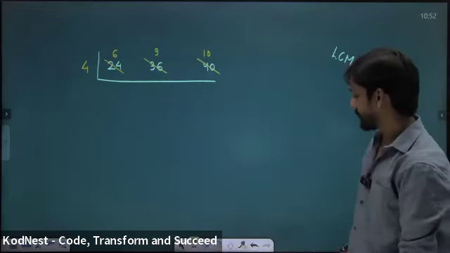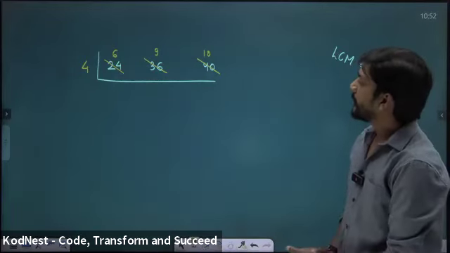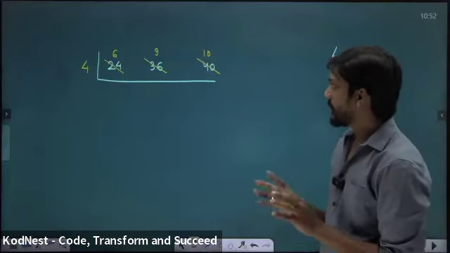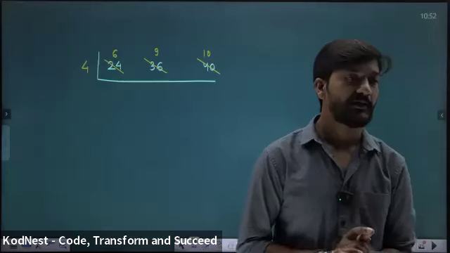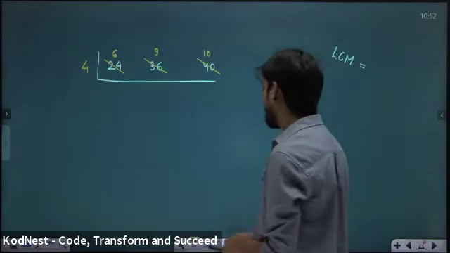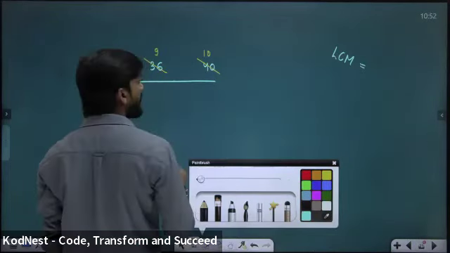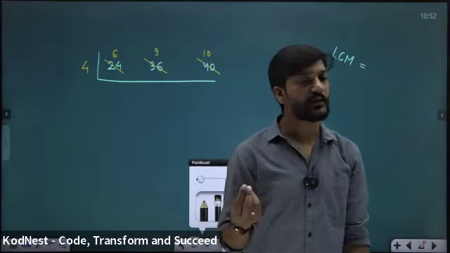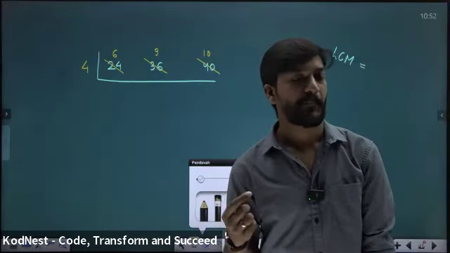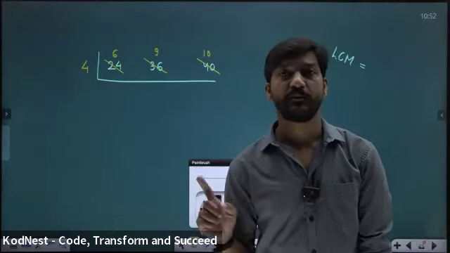Now next. What do you think is common now? 3. Okay, 3 is common to these two. Why am I taking 3? 3 is not cancelling all of them. So why 3?